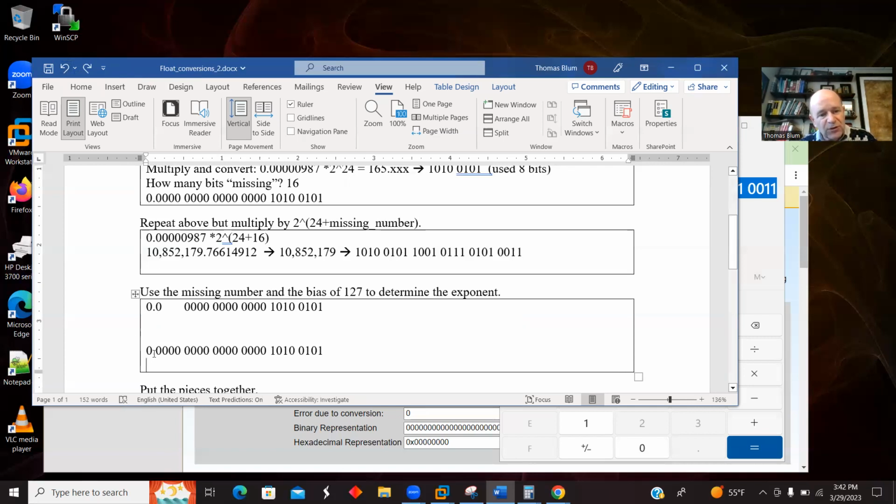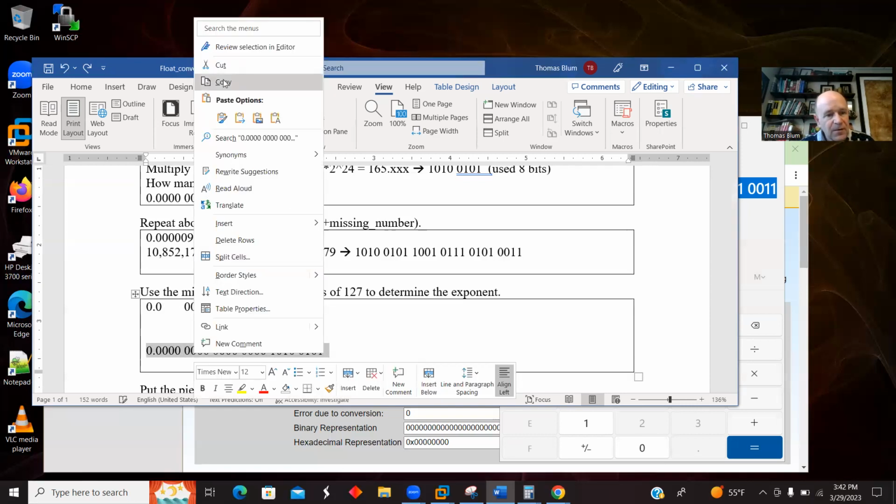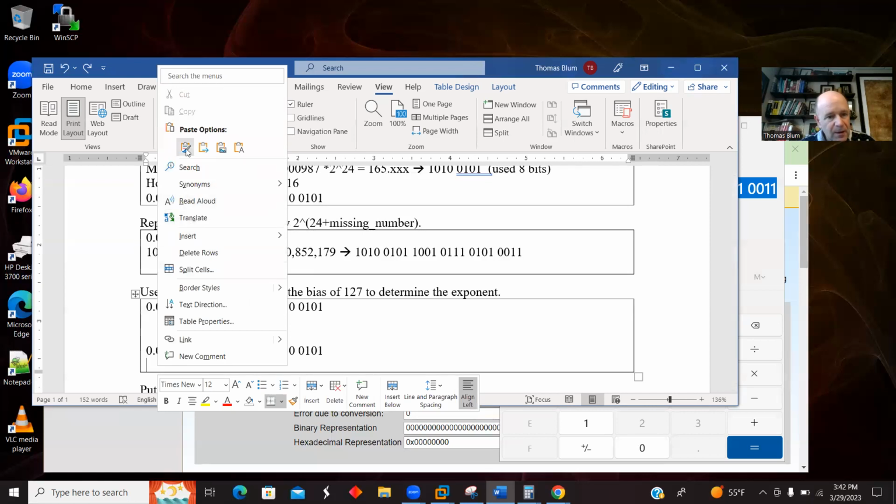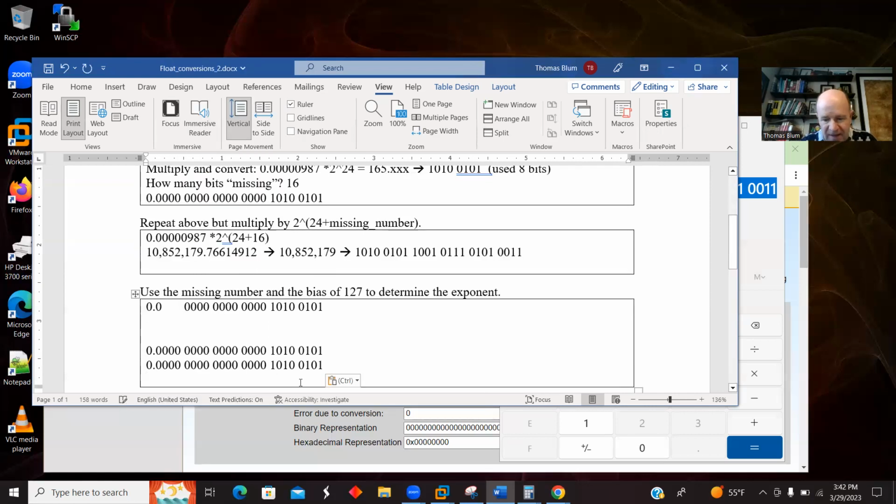And now what do I want to do? I want to shift this until that dot gets to be in front. So in floating point numbers, like scientific notation, the dot is supposed to be after the first non-zero digit. The only non-zero digit in binary is 1. So I need to move that dot. To move it here would be move it 16 places, but I have to move it 17, to get that dot there.